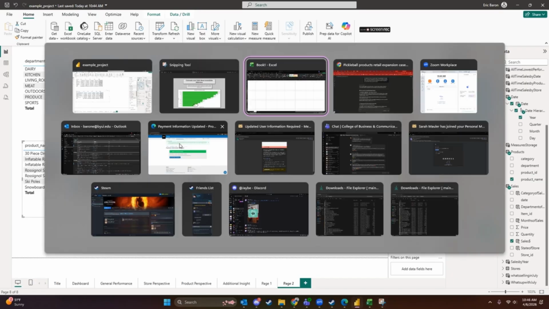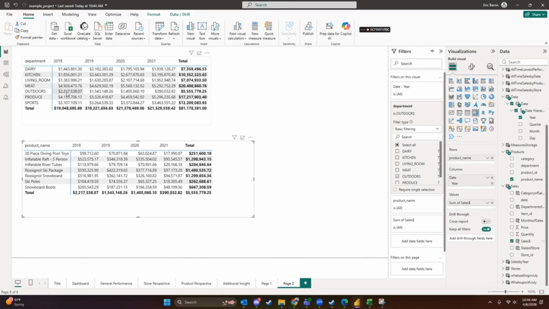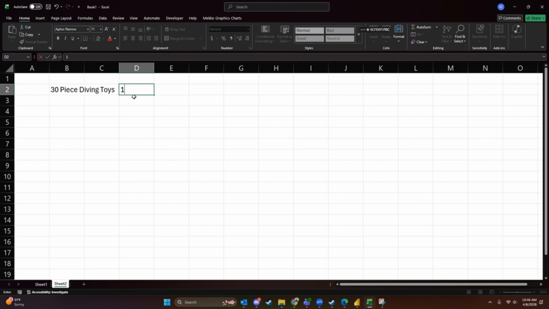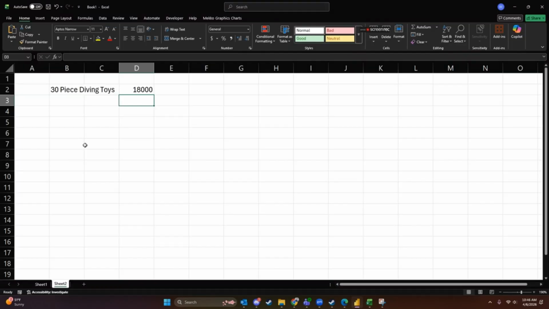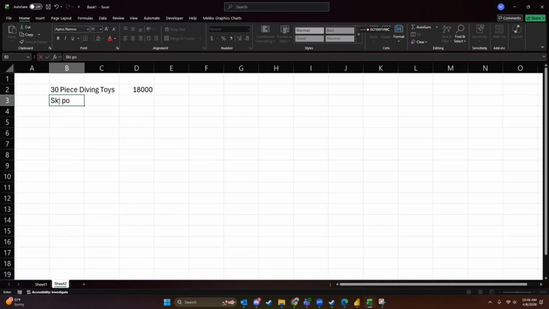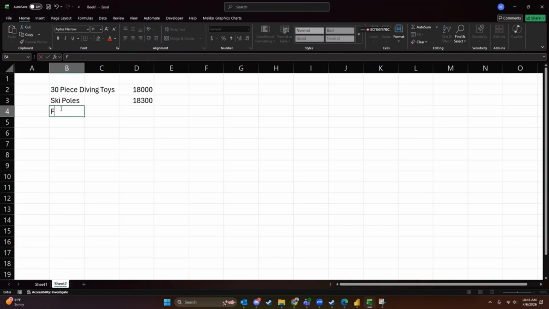Okay, so let's go here. 30-piece diving toys, and that was 18K in revenue in the most recent year. And then let's see, ski poles is 18.3K. And then inflatable river tubes.